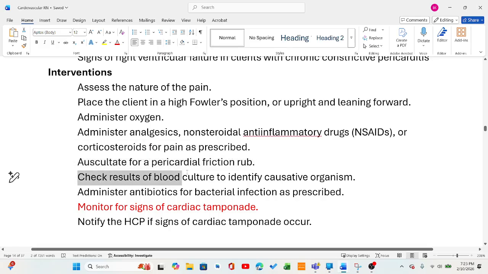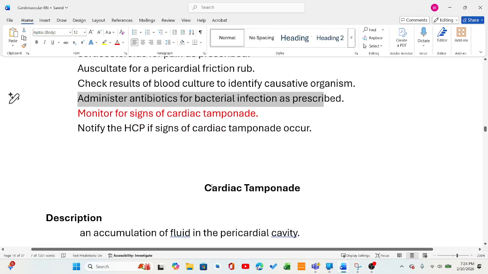You check the results of blood cultures to see which organism is causing the infection, and then also prepare to give the antibiotics, which is the same thing as the endocarditis, how we treat them. But the problem is that you are going to be monitoring for what we call cardiac tamponade.